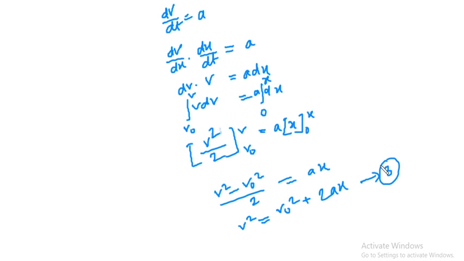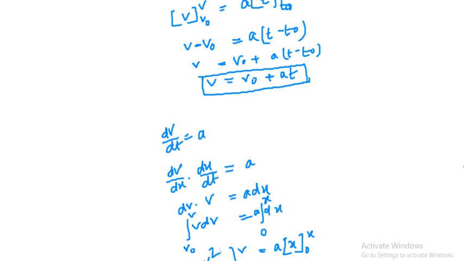Now how do I get equation number 2 here? In this case, I can just continue with equation 1. So if this is equation 1, this means dx by dt is v, so dx by dt is equal to v0 plus at.